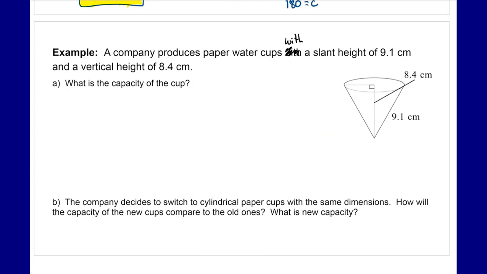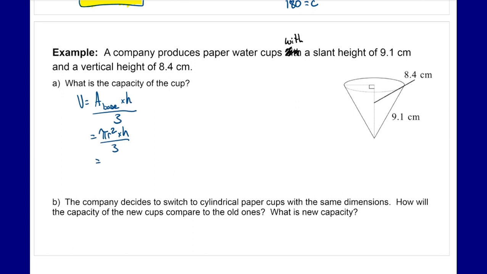So the area of the base would be pi r squared. So pi r squared times height divided by 3.